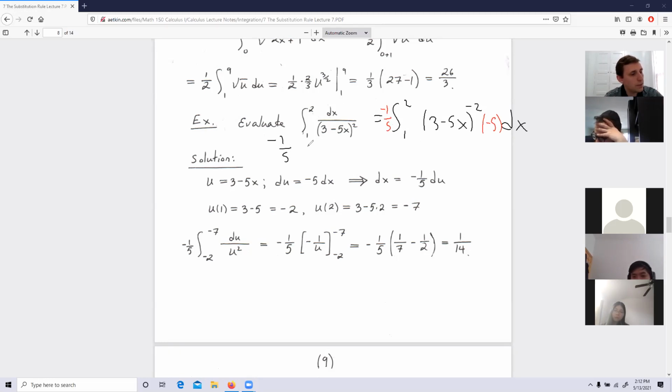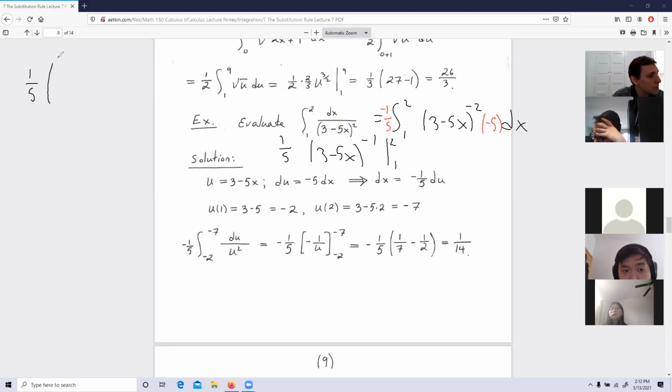minus 1 over 5, (3 minus 5x) to the power of minus 1. And the minus drops now. I don't need the minus anymore, because it's minus here, right? So this is the function I have, and I can write it from 1 to 2. And then I just plug in 2, so it would be 1/5, parentheses, plug in 2, it would be 3 minus 10.